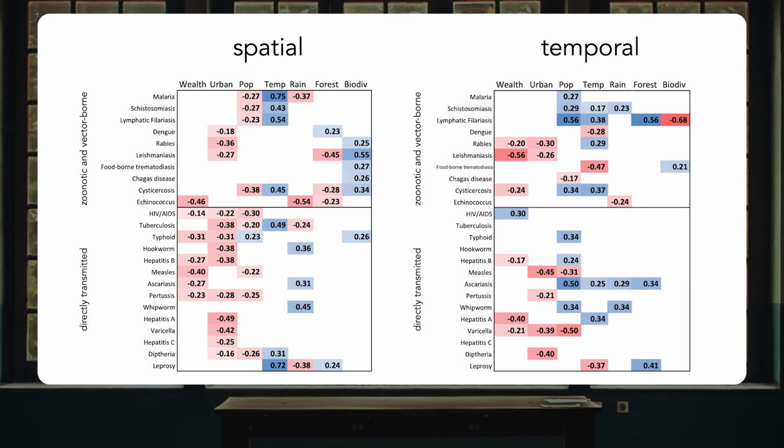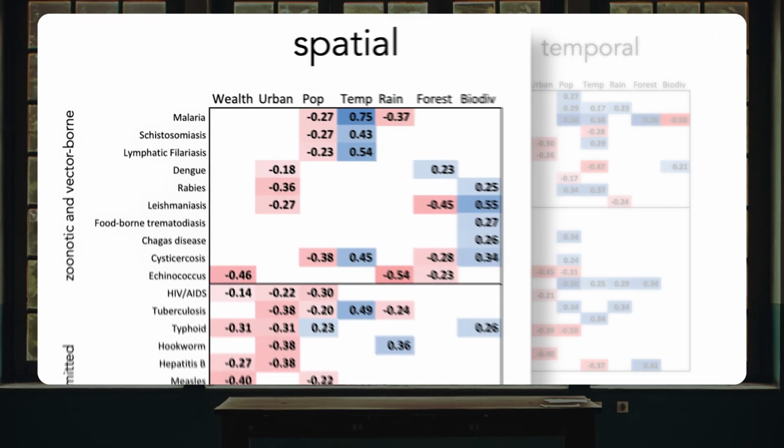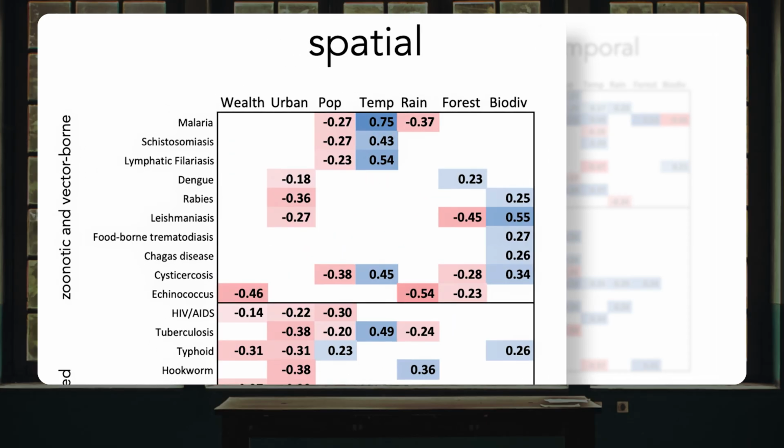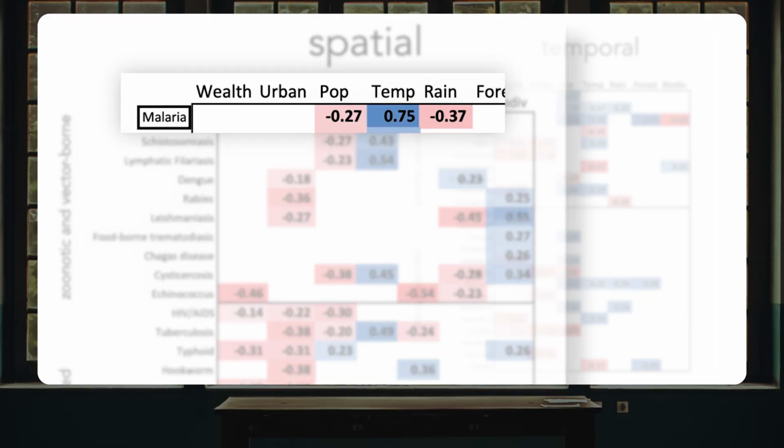The other thing that you'll need to know is that each one of the cells in these tables is a coefficient from our statistical models. If there's no coefficient, that means that that particular factor was not important in determining the burden of the corresponding parasite. Each of these numbers tells us whether these two factors, malaria and population, for example, are negatively or positively correlated with one another.